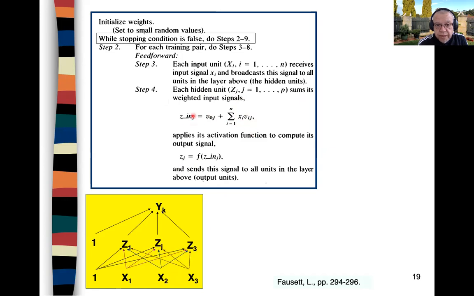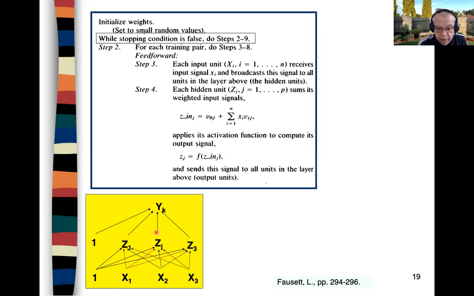So this is z_in_j, plus v0j, which for this node j is the bias. And then once we compute the net activation, we apply the activation function to compute its output signal.